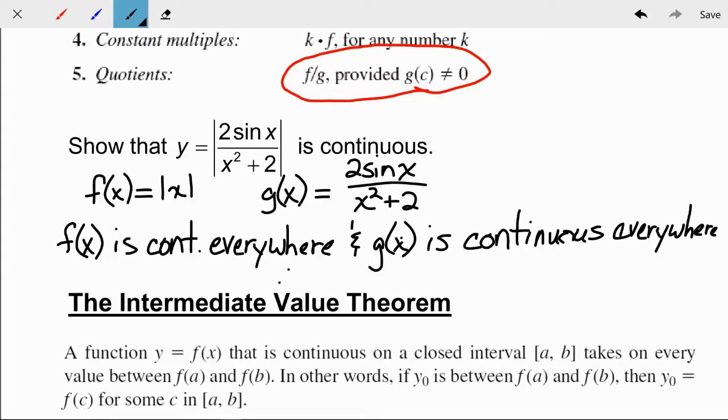Therefore y, which is f of g of x, because remember, our original function was the absolute value of 2 sine x over x squared plus 2, is just the composite function. This one is also continuous everywhere.